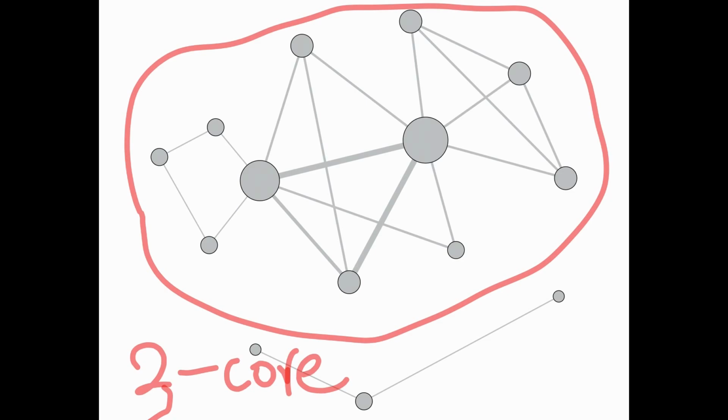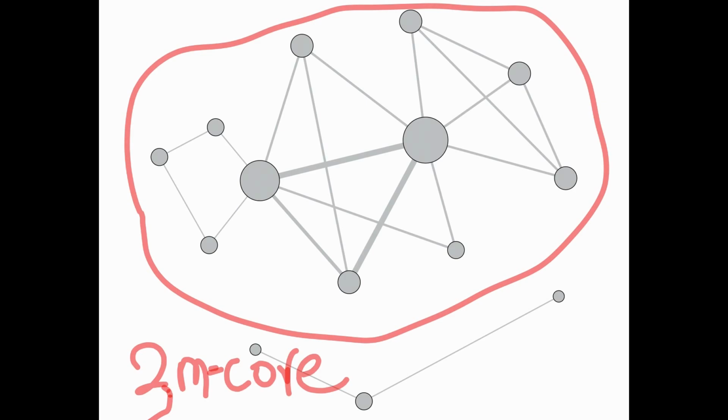For example, if we want to do a 3 m-core, then that means we want to focus on those edges or those ties with at least a weight of 3.